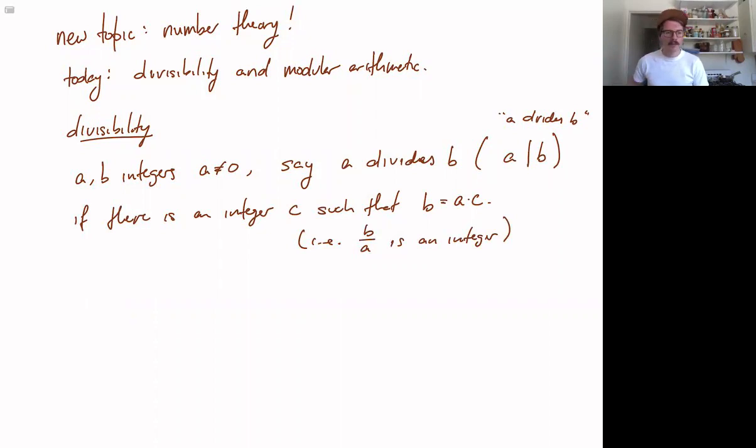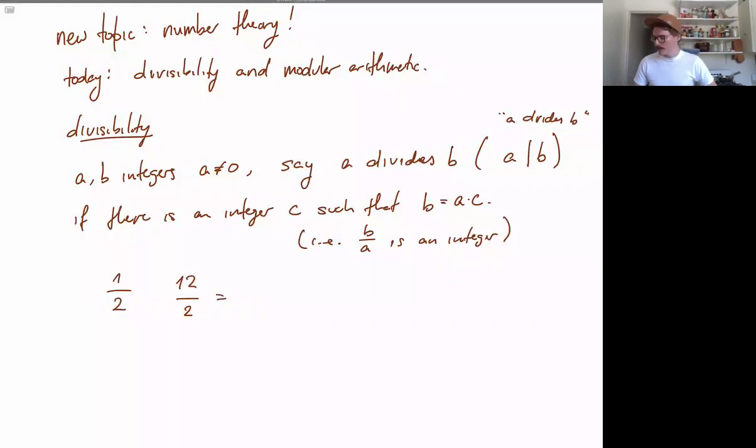So hopefully this is familiar. Sometimes when you have two integers, then dividing one by the other will not result in an integer. For example, 1 is not divisible by 2 because 1/2 is not an integer. But for example, 12 over 2, you can also write as 6, so 12 is divisible by 2.